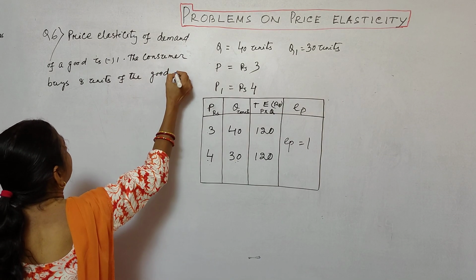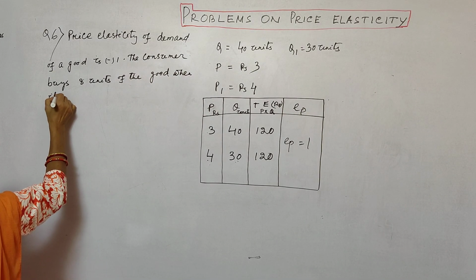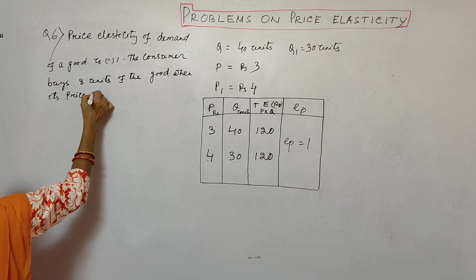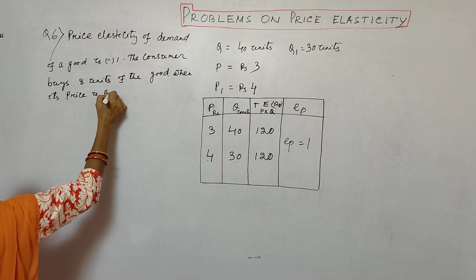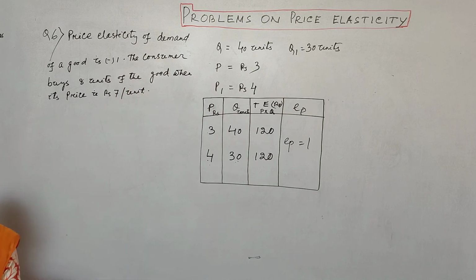Price elasticity of demand of a good is 1. The consumer buys 8 units of the good when its price is rupees 7 per unit.